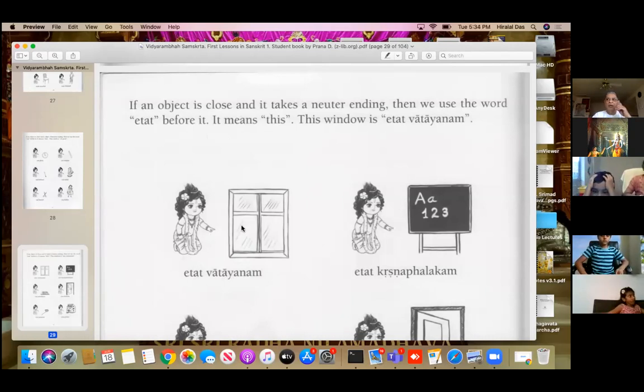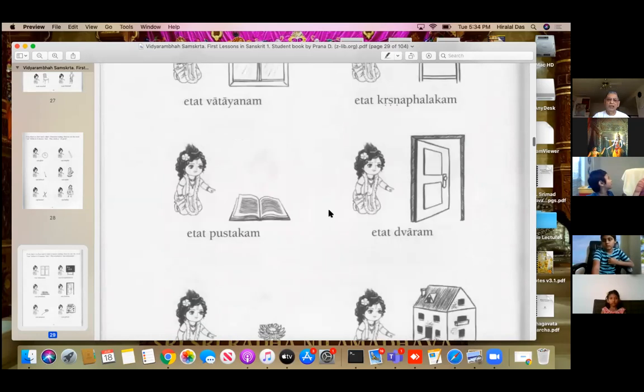You're familiar with esaha for masculine, esa for feminine, etat for neuter. Etat vatayanam asti. This is a window. Etat krishna falakam asti. This is a blackboard. Similarly, etat pustakam asti. This is a book. Etat dwaram asti. This is a door.